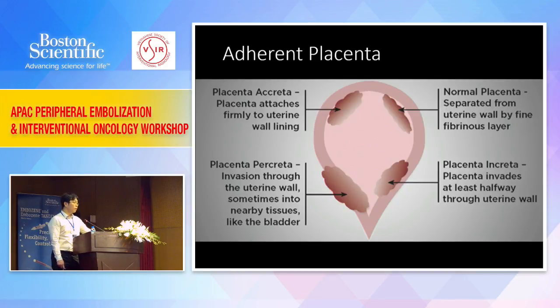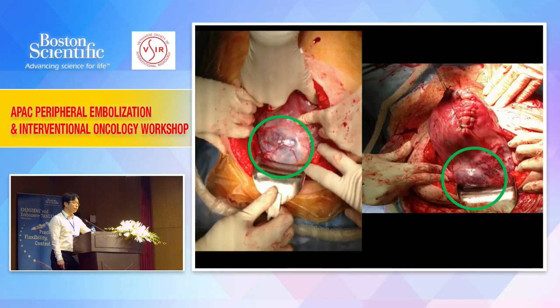Next, we have different types of placenta, whether it is accreta, increta, or percreta. Again, it really depends on how invasive the placenta is into the myometrium of the uterus and whether it is easily separable. And that's actually what you want: a placenta which is easily separated from the uterine wall.